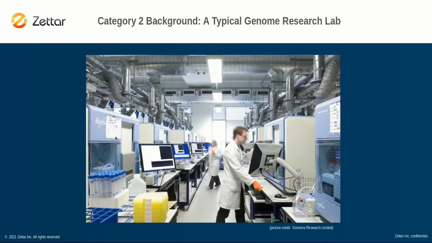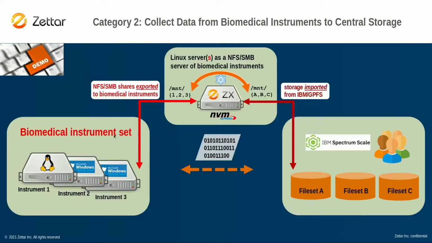So far, at the smaller labs, data collection is usually handled in a very inefficient manner, often involving multiple expensive and complex NAS systems. Now let's simplify it. This slide shows how a single server can collect data from multiple biomedical instruments, then sweep the collected data automatically into central storage to be fed into processing pipelines.